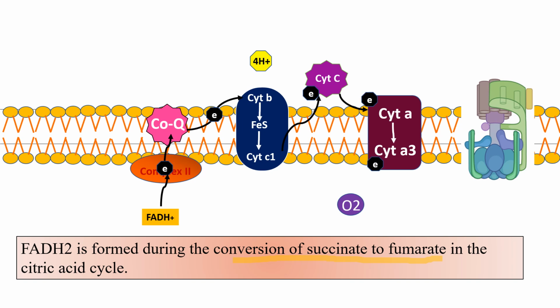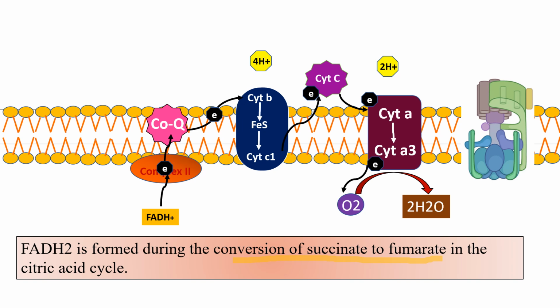Then cytochrome A3 transfers the electrons to molecular oxygen and forms water, and 2 protons are transferred into the intermembrane space. So if the electron transport chain starts with FADH2, there are 6 protons present in the intermembrane space.